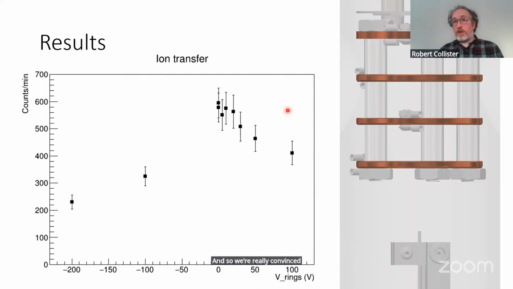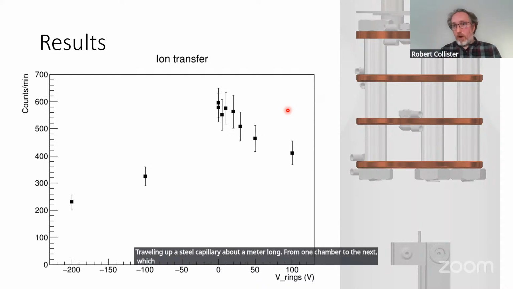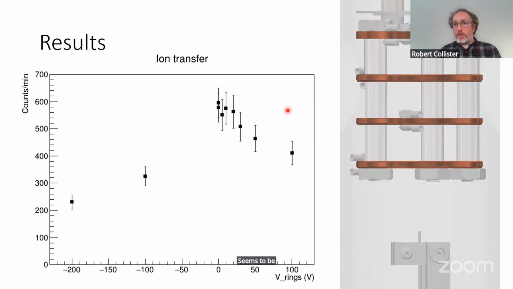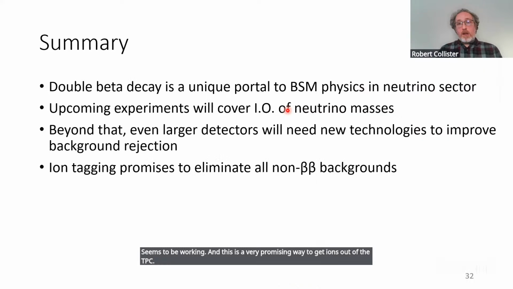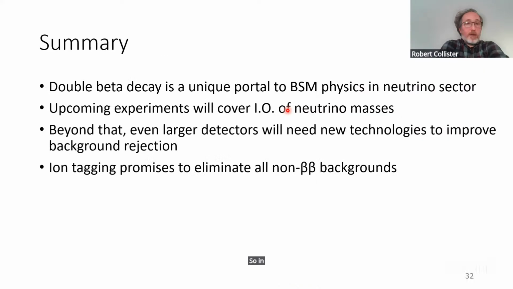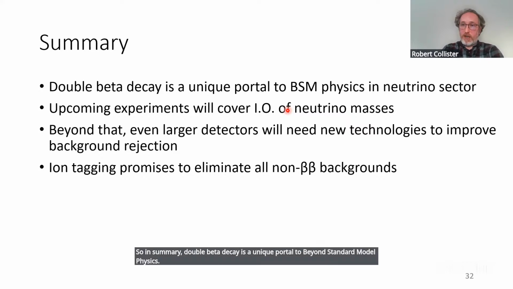This is ions traveling up a steel capillary about a meter long from one chamber to the next, which means that what we were seeing in simulations seems to be working, and this is a very promising way to get ions out of the TPC. So in summary, double beta decay is a unique portal to beyond standard model physics in the neutrino sector.